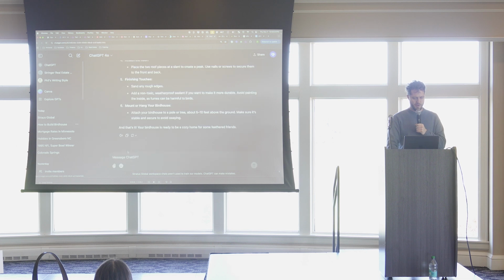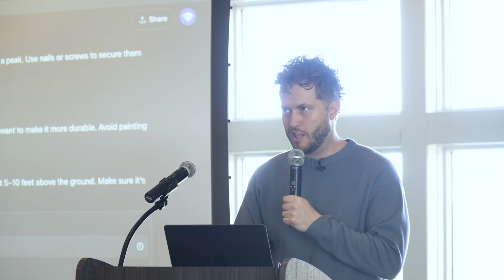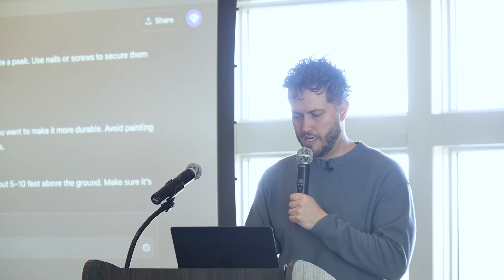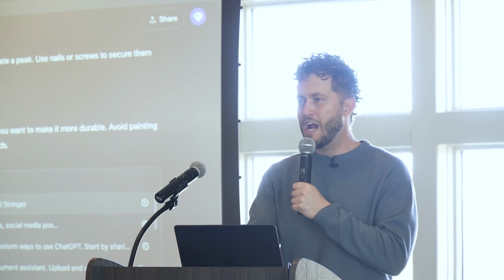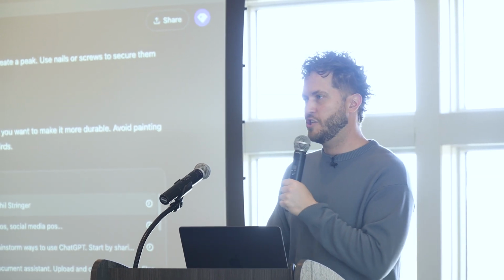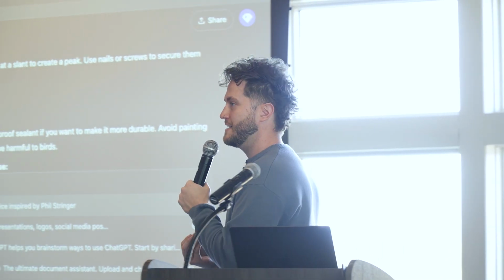So with how to build a birdhouse, I can hit @ and start typing in my GPT. And here you go, there's an Alex Hormozi GPT that someone created. And I can pull in Phil's writing style. I created a GPT on exactly how I write.